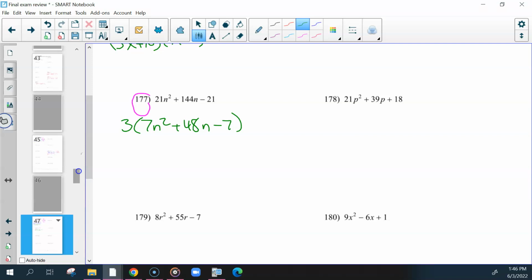And then the process is the same as before. Multiply 7 and negative 7. We're looking for two numbers that multiply to be negative 49, but add to be positive 48. 49 and 1 would work if 1 is negative.